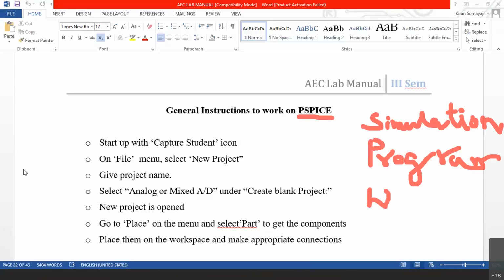Let me write with in a small letter. For the shortage of space, I am writing it as IC directly.